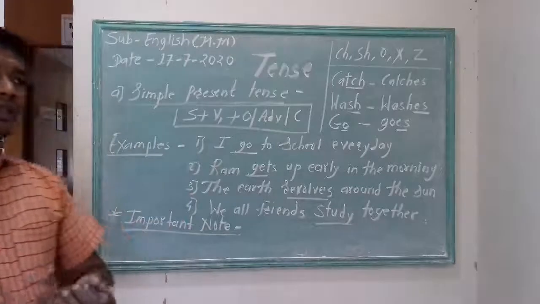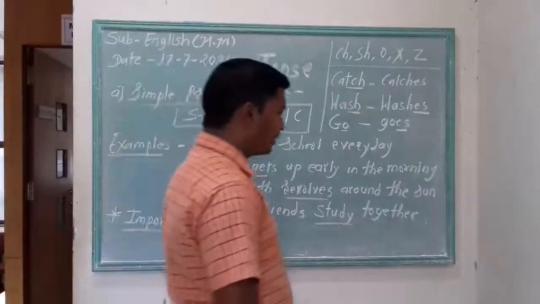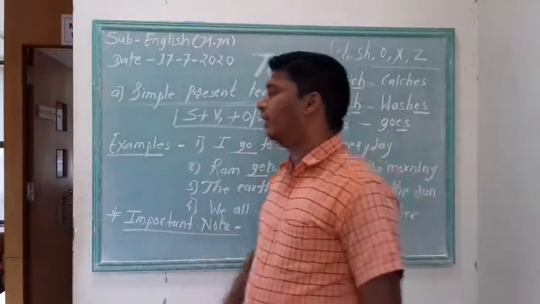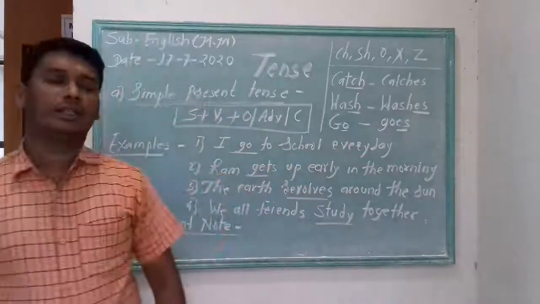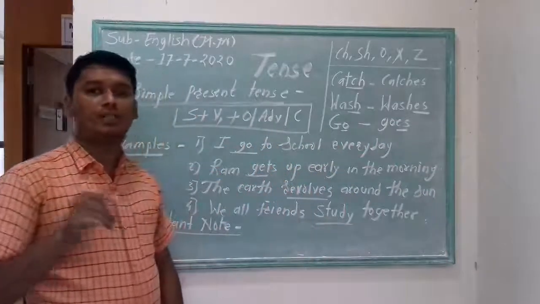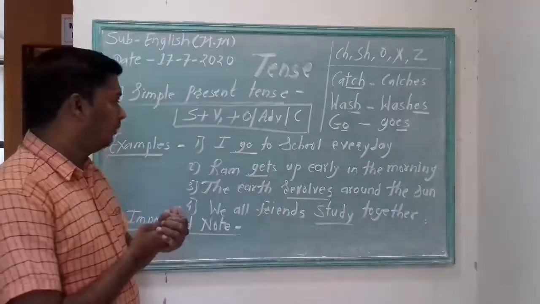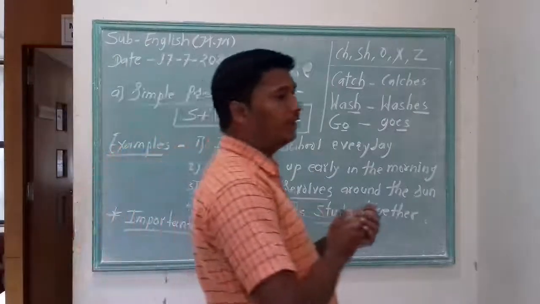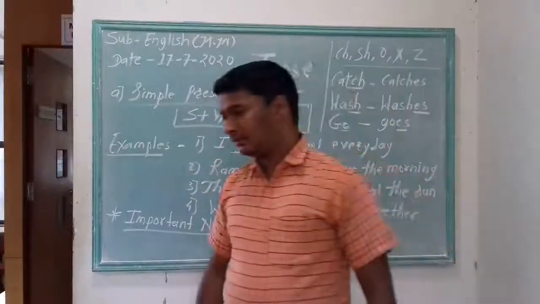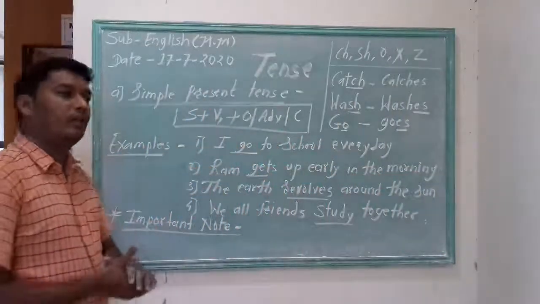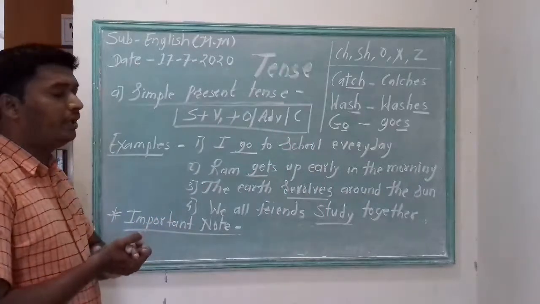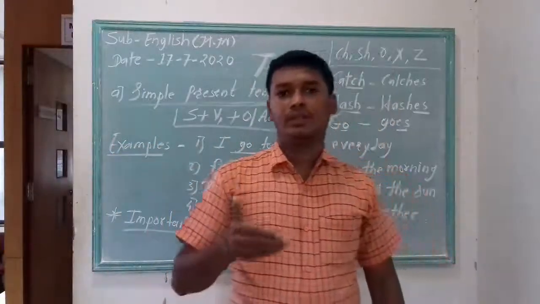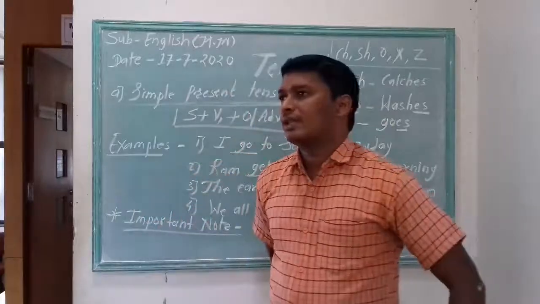By blue pen: If the subject is third person singular, in bracket, he, comma, she, comma, it, bracket completed, then the main verb comes with s or es suffix.